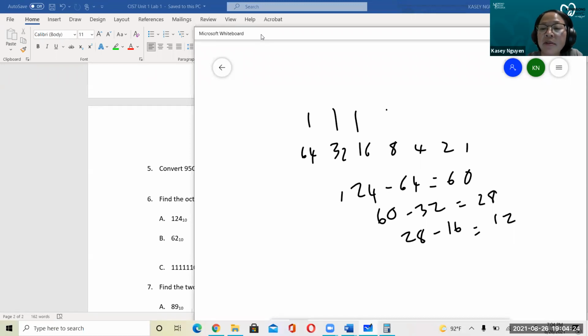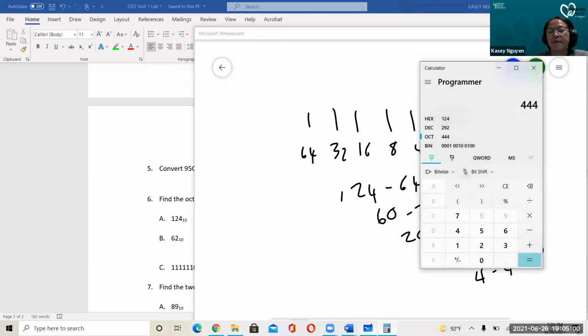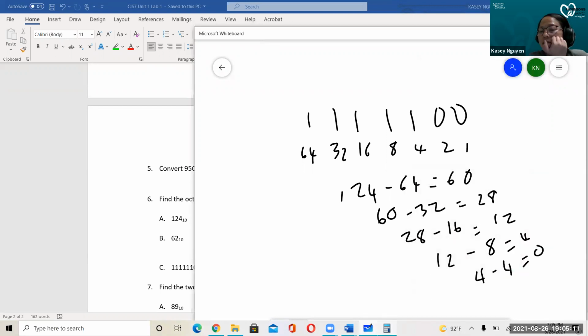So 12 subtract 8 is going to give me 4. 4 subtract 4 is going to give me 0. I'm just double checking my math, making sure.